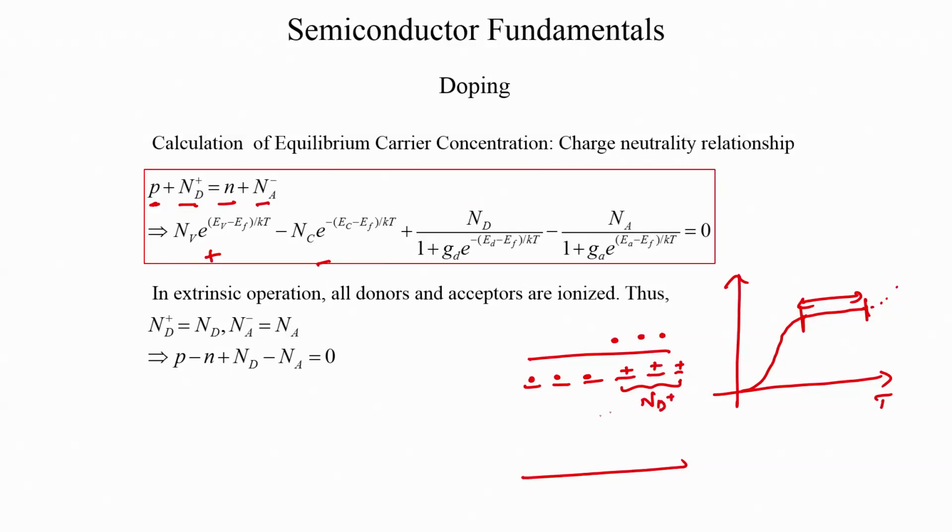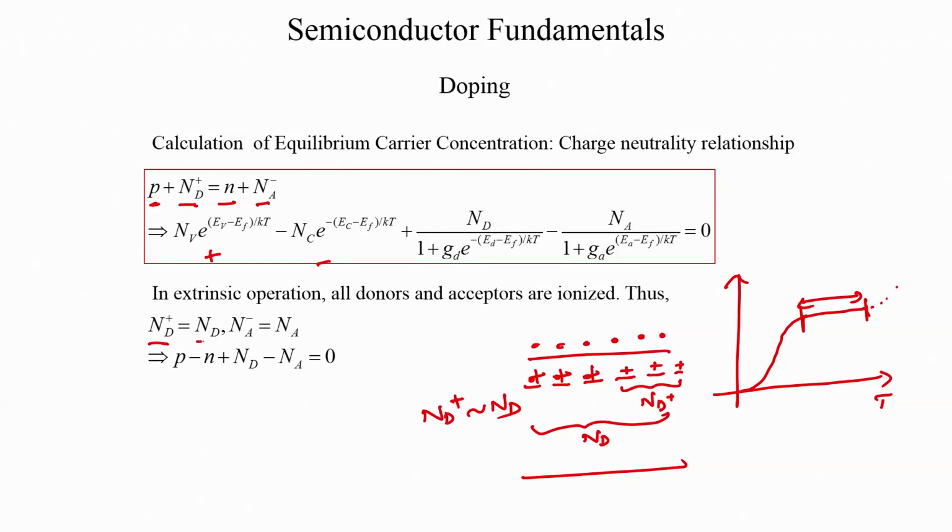That was my Nd plus and that was my Nd, and that was the ratio, Nd plus as compared to Nd. But as temperature increases, all the donors get ionized and Nd plus approaches Nd, it becomes equal to Nd.